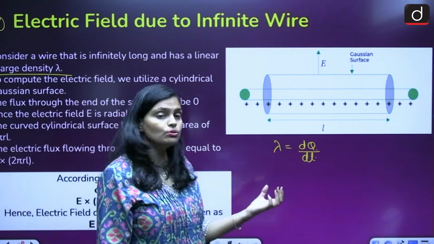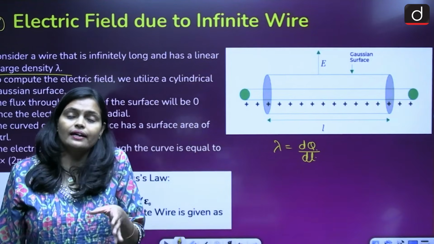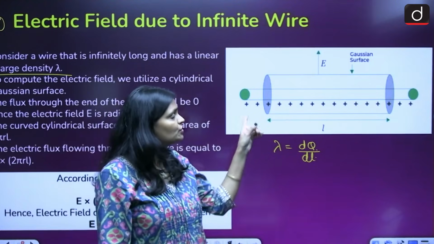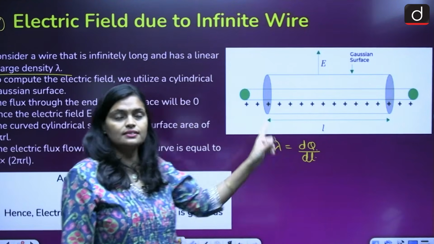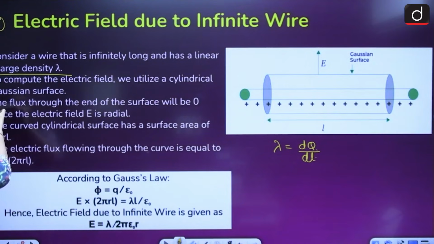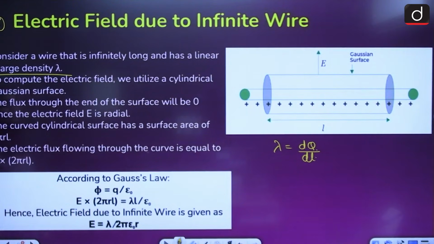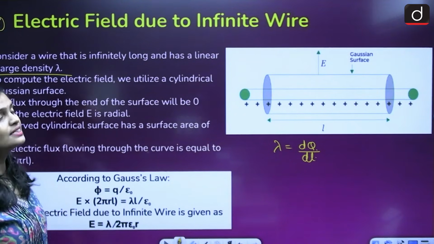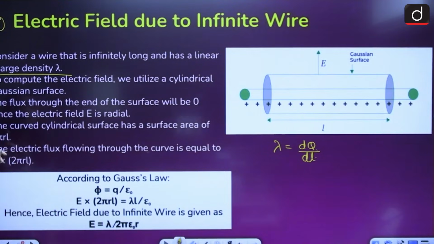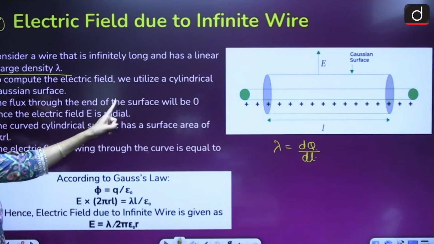To compute electric field we utilize a cylindrical Gaussian surface. So now to calculate the electric field, you just imagine that it is a cylindrical surface. The flux through the end of the surface will be 0 since the electric field E is radial. So now what happened? The flux through the end of the surface.